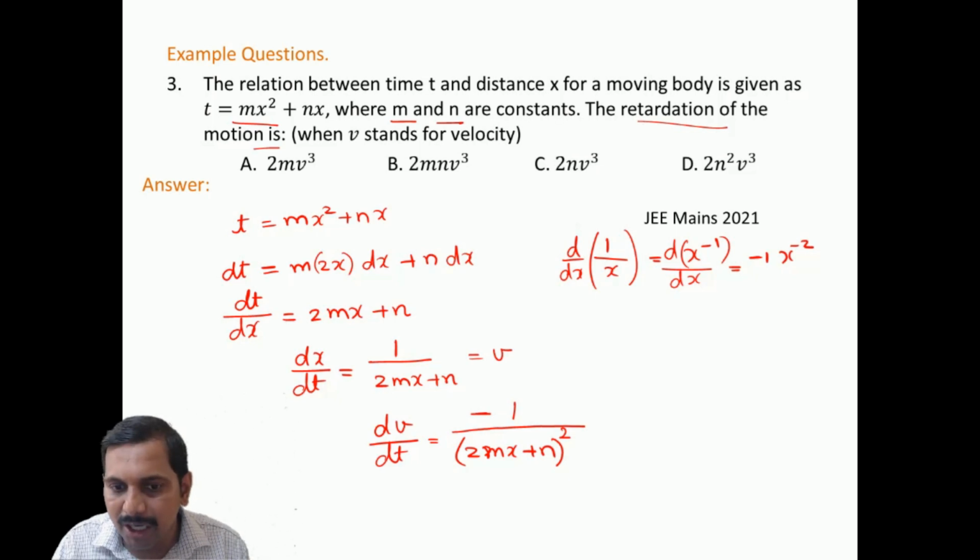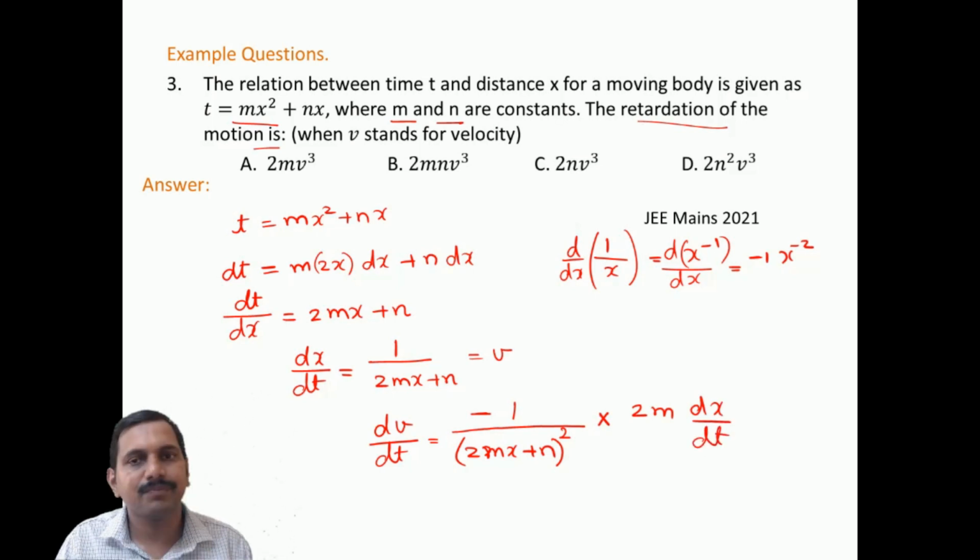But then when you have a chain rule, this is a function of x, is it not? So we have to differentiate this again. When we differentiate this again, you will get 2m, and then you have this x here. We are differentiating with respect to time, so we will have dx by dt.